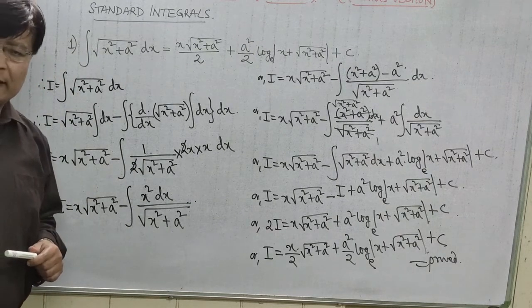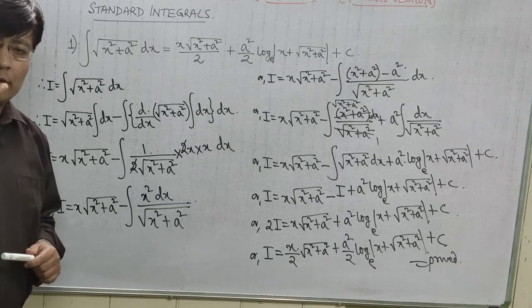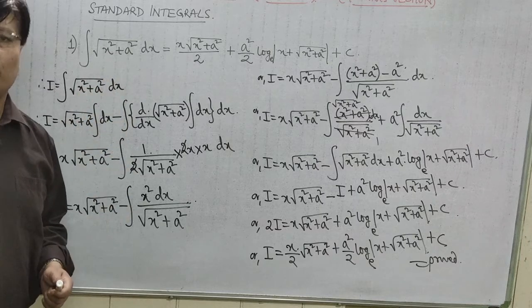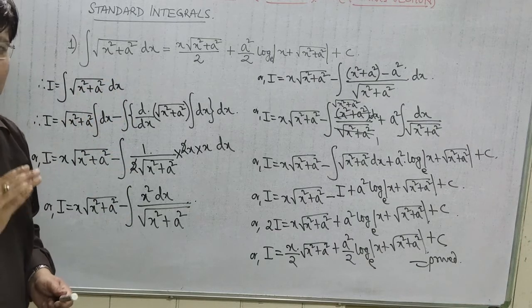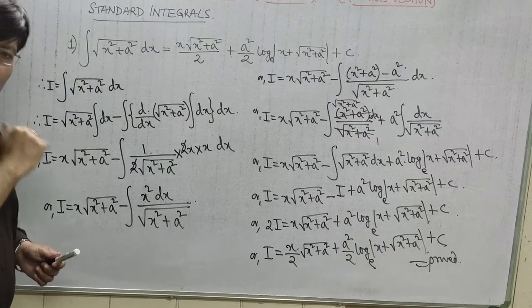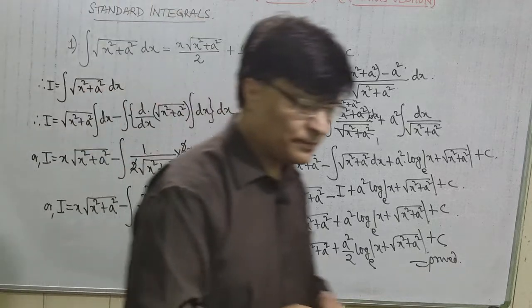Okay. Now you can prove that second standard integral. So the proof of the second standard integral, by integration by parts, is your homework. Okay. So you can prove that number 2 at home. So let's do the proof of number 3. So you can copy it first.